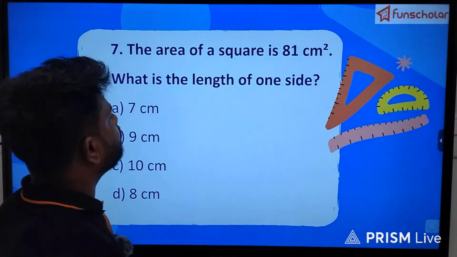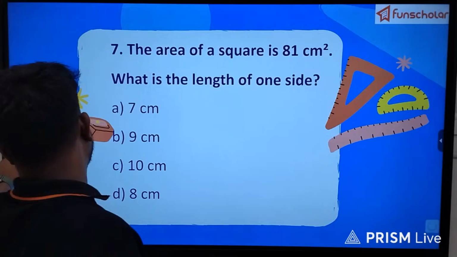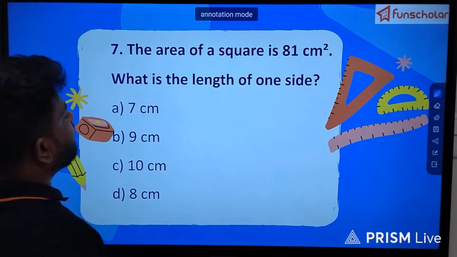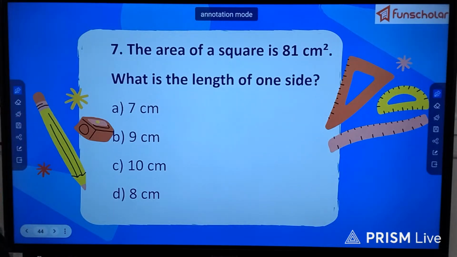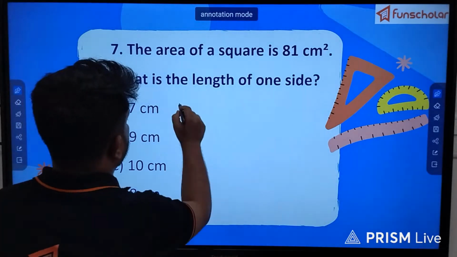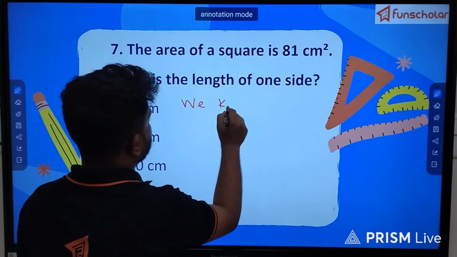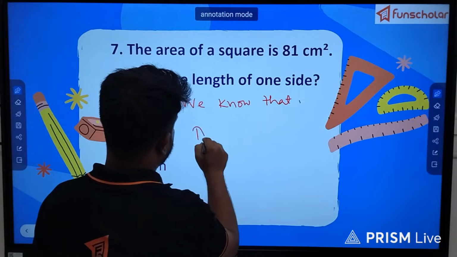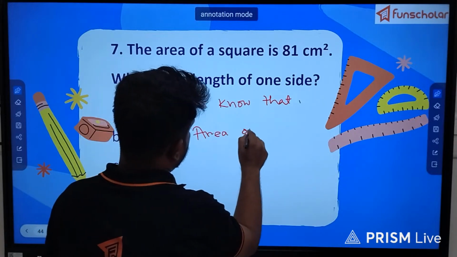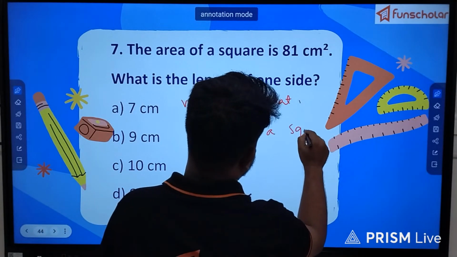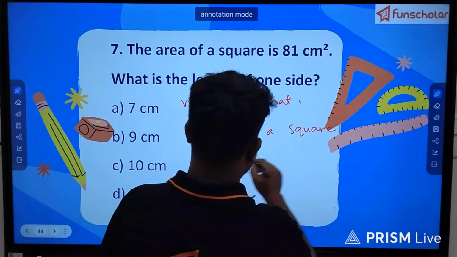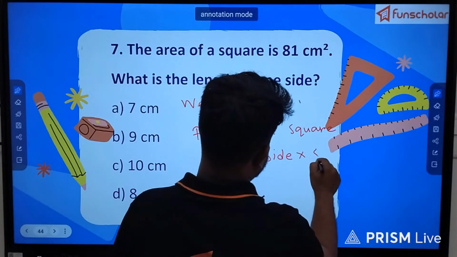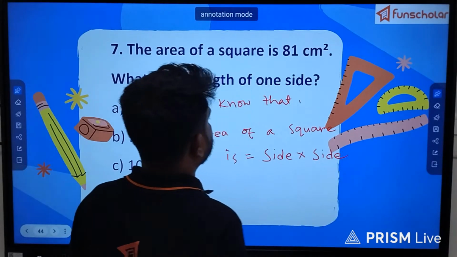Now, the area of a square is 81 centimeter square. What is the length of one side? So here we have to write, we know that the area of a square is side into side.